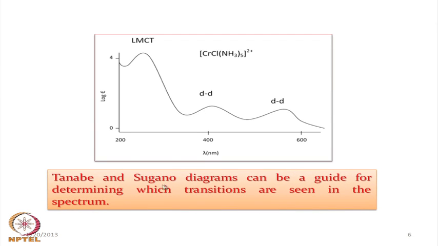So, those transitions will be governed by a special type of diagrams proposed by these two persons, Tanabe and Sugano, and that is why they are known as Tanabe-Sugano diagrams. These diagrams can be utilized to determine the transitions we see in the spectrum.